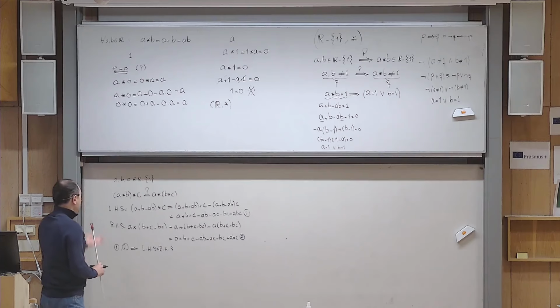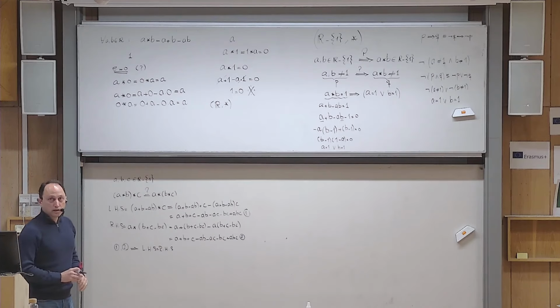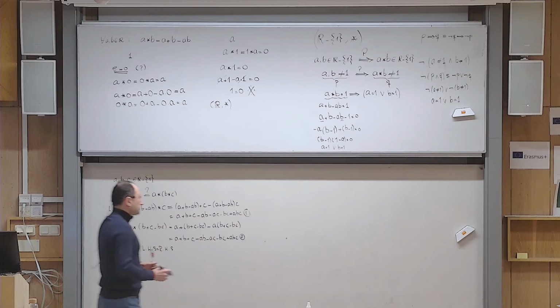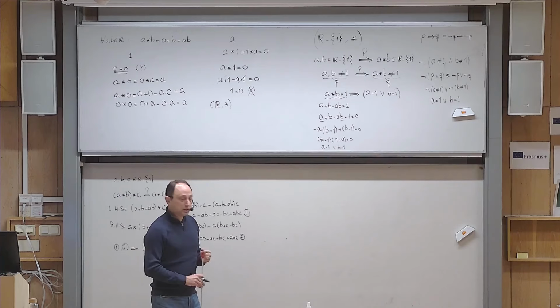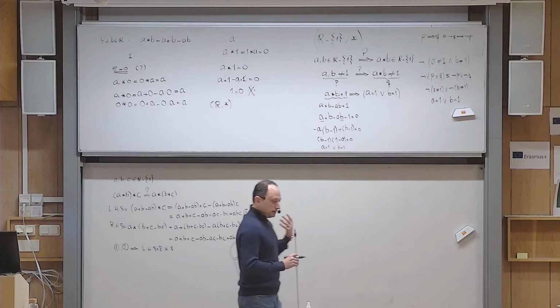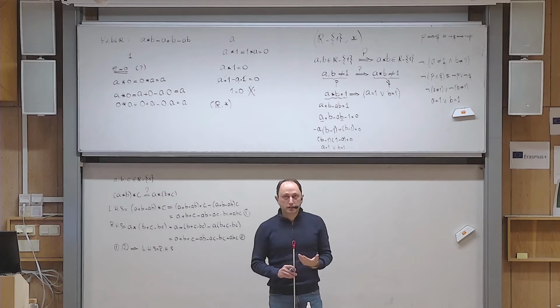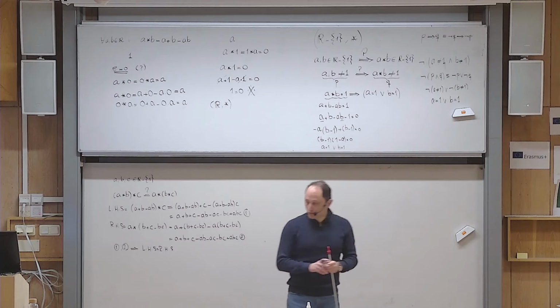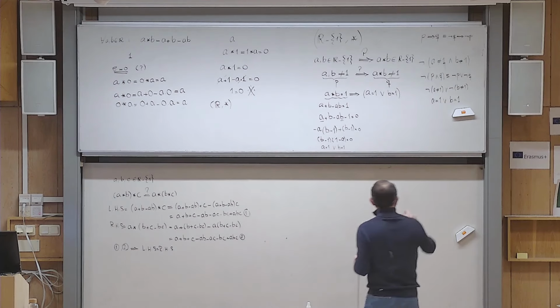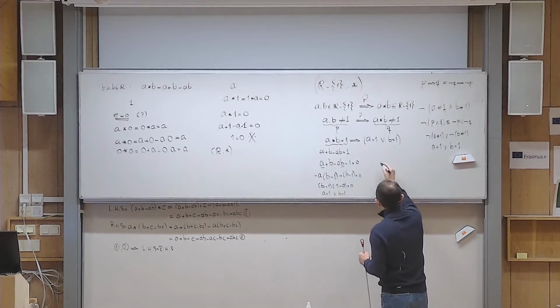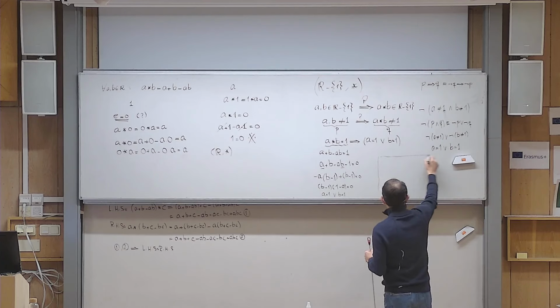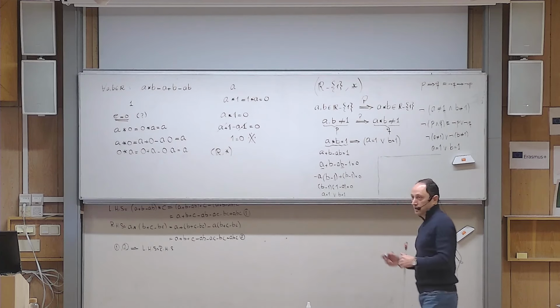Okay. Now, the next step is to check the identity element. Again, I claim that my identity element is still 0. By the way, if it is hard, you cannot guess. So, for example, you go to a scratch paper. In this case, it is very easy to guess what the identity element is.